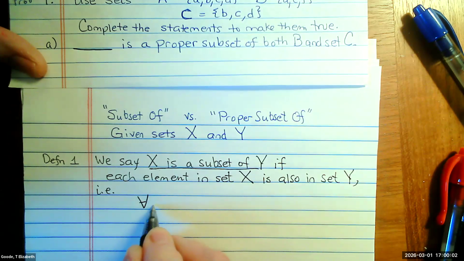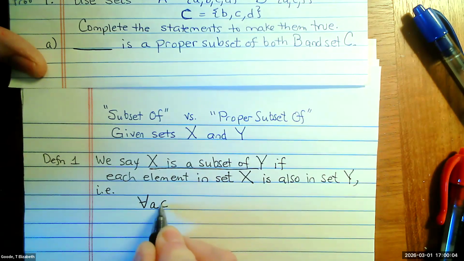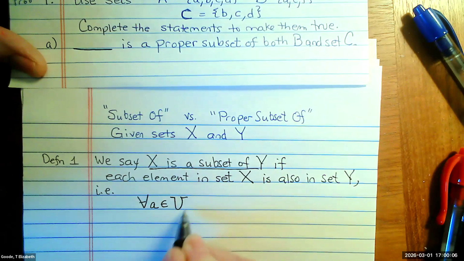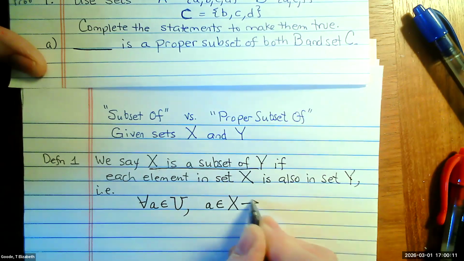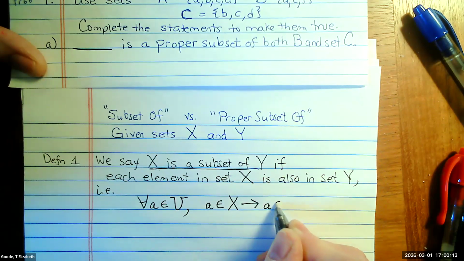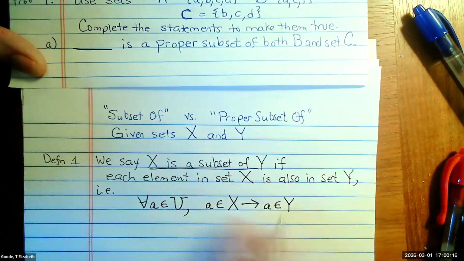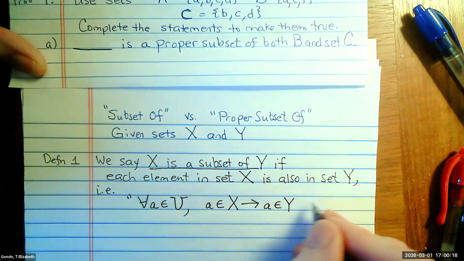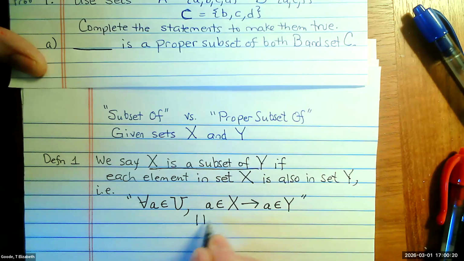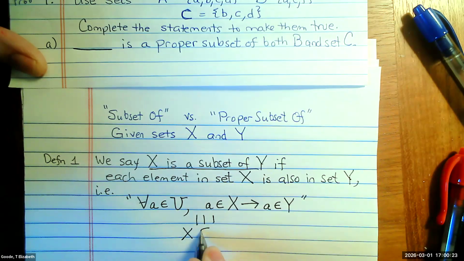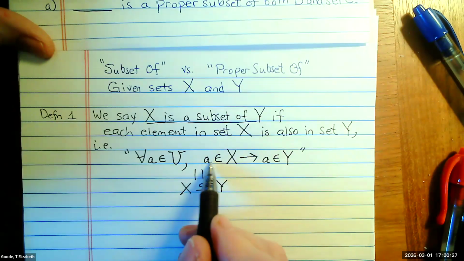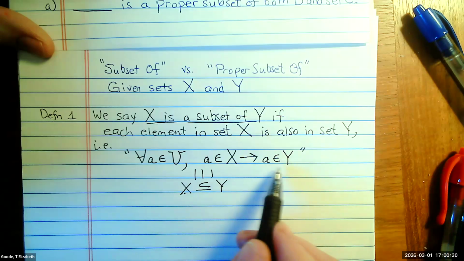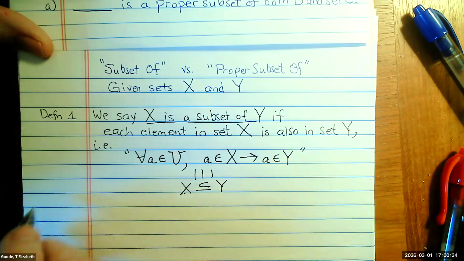For all elements little a in the whole universe, little a being an element of set X implies little a is an element of set Y. If this is true, this is the same thing as saying X is a subset of Y, okay? Every element little a that's in set X is also an element in set Y.